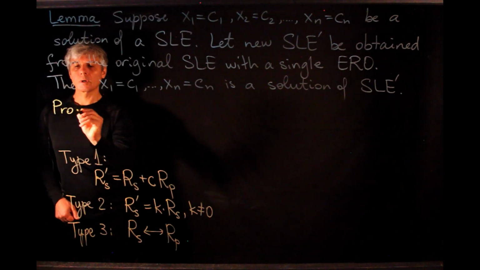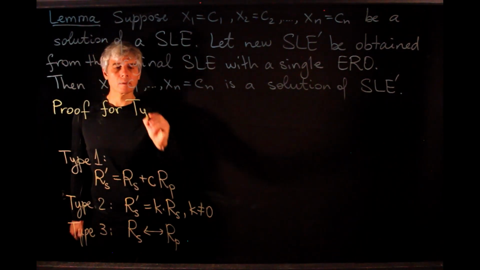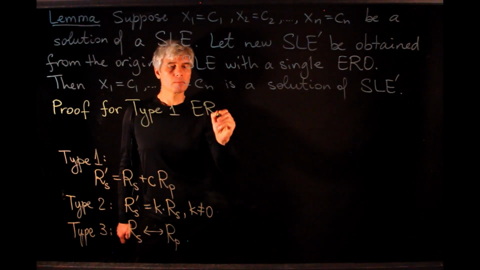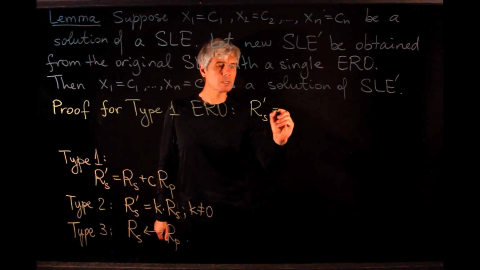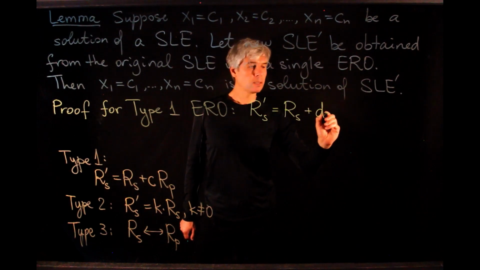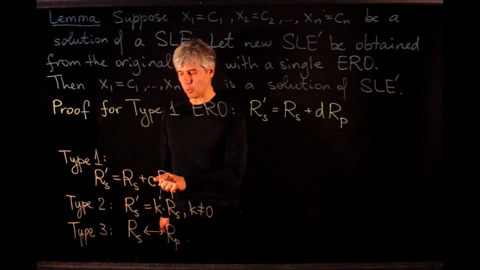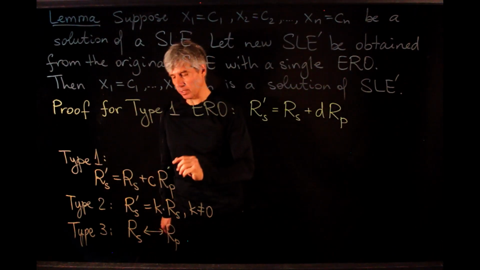Proof for type 1 elementary row operation. Rs prime is equal to Rs plus D times Rp. Here I made a bad choice of notations because I use C's for my solution.